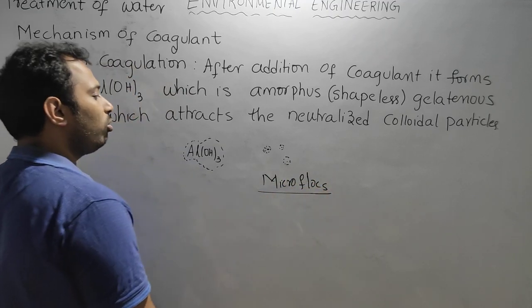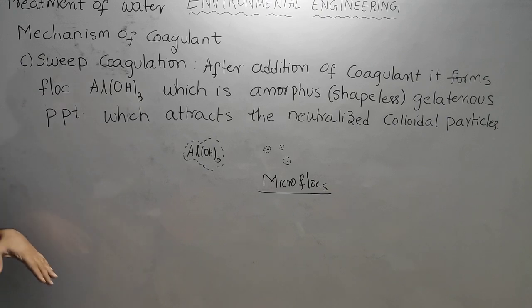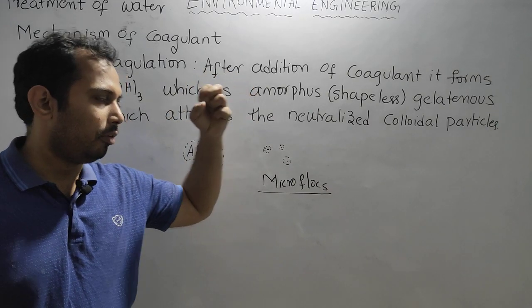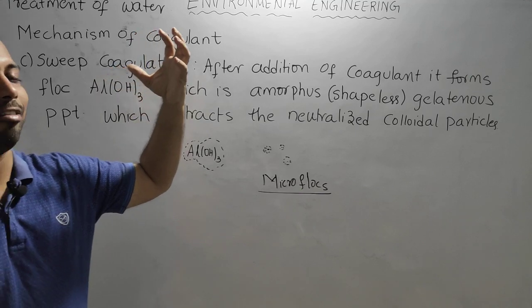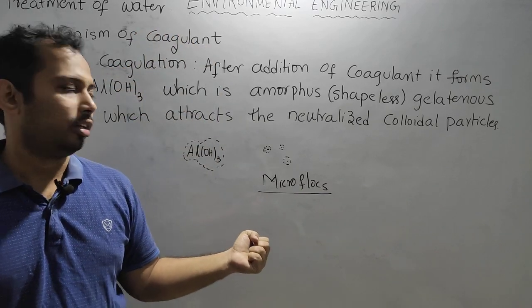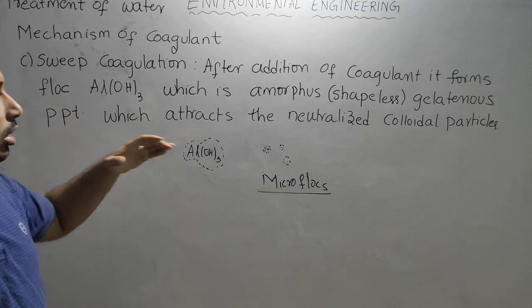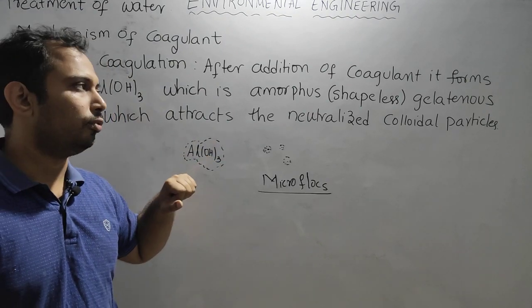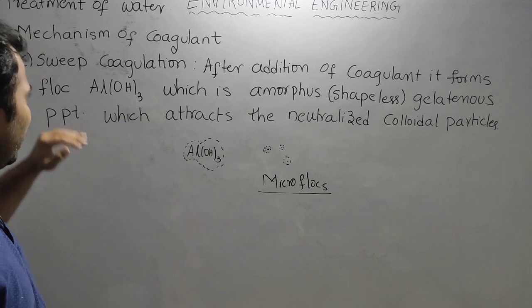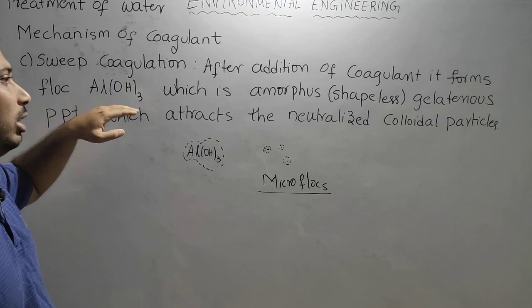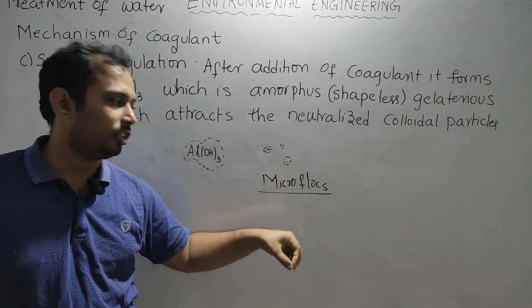Sometimes microflocks are also not sufficient for the particles to settle. They will not have sufficient gravity force to let them settle, so sometimes these are also not enough for settling. We need something extra, and the mechanism we are discussing now is sweep coagulation. Why do we call it sweep coagulation?